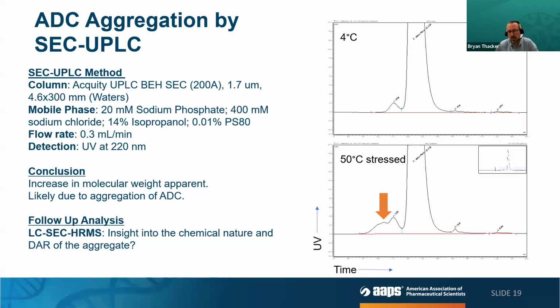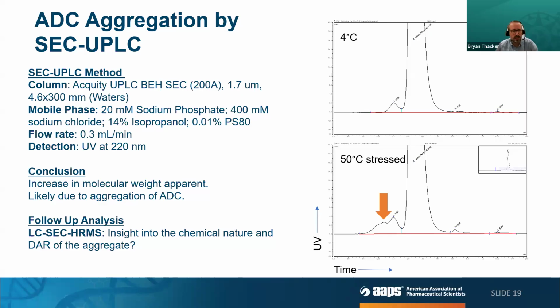Okay, so we're going to touch on a little bit here of separation by size. So in the first example here, we're looking at size exclusion chromatography. The methods are shown there on the left with the size exclusion column, mobile phase, and flow rate that's used. The detection here is UV detection, so we should be picking up all the protein products that come through the column.